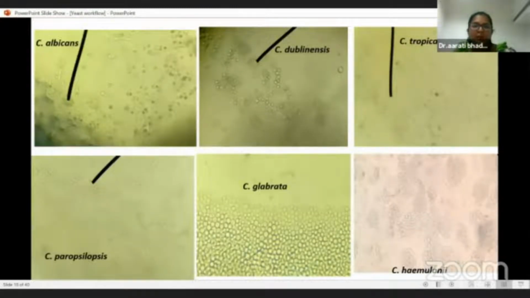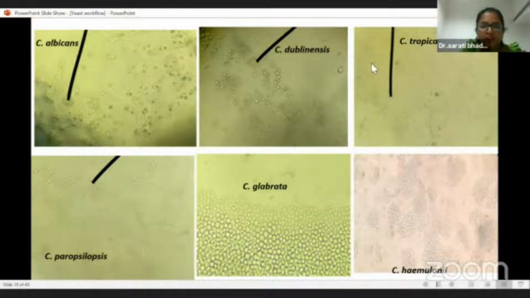On the Dalmau plate method, we see certain morphological characters and decide the species. Here you can see this terminal chlamydospore, so it is Candida albicans. If the chlamydospores are in groups, then it is called Candida dubliniensis.